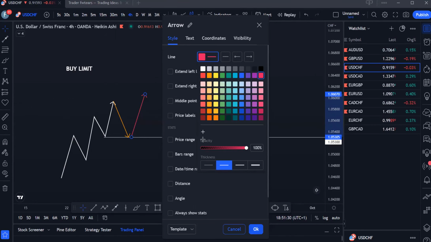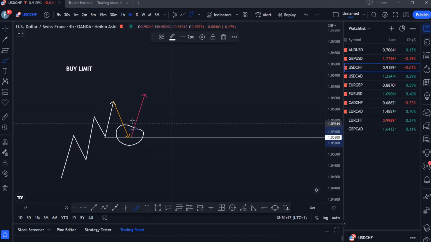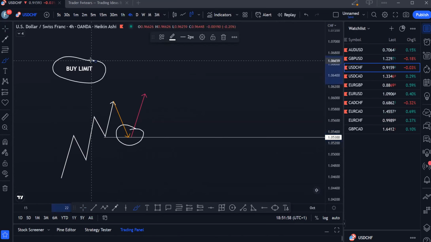Are reversal orders. Okay, so you'll be entered for a buy. As soon as price retraces into your buy limit price, you'll be entered for a buy. You can see it is a reversal. They are reversal orders. Okay, so this is where you take entry, and then possibly price keeps going up. So this is the scenario whereby you use a buy limit.